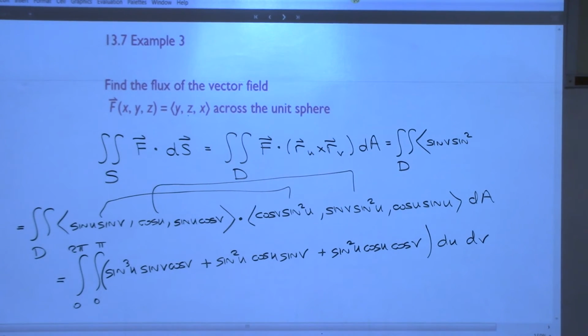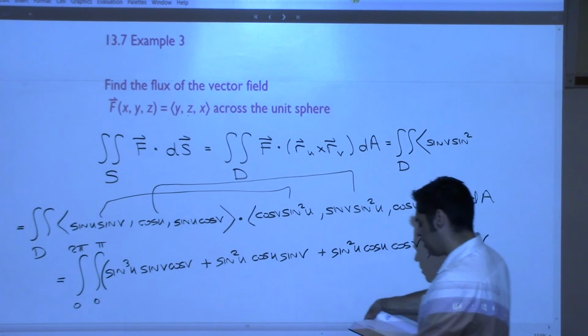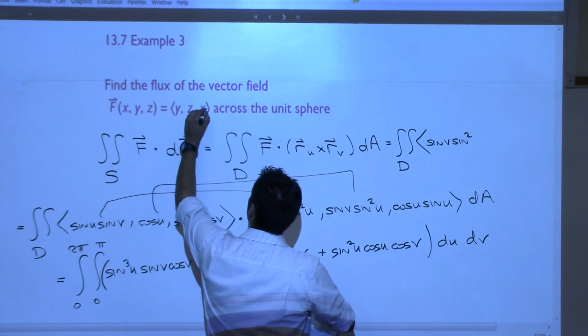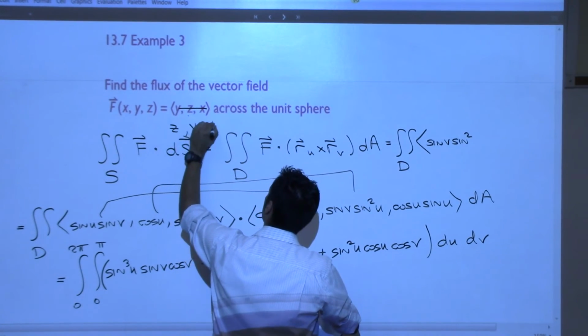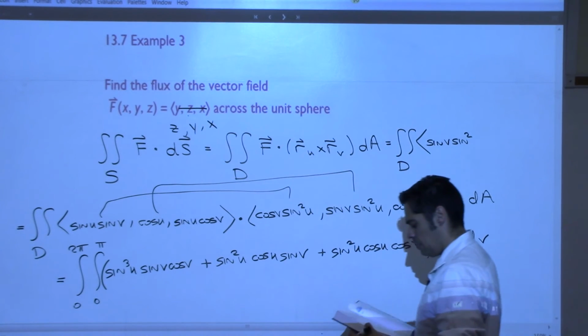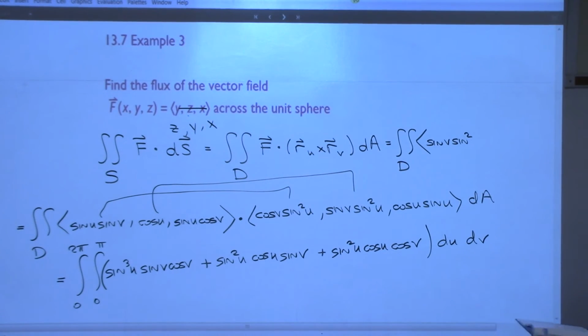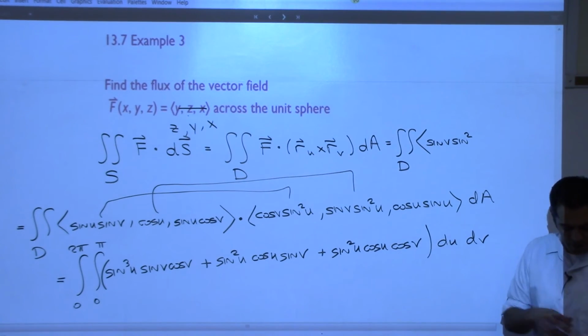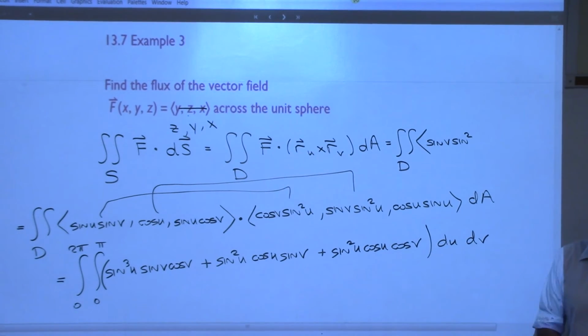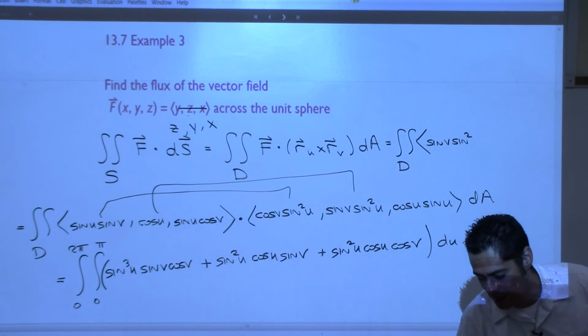The book, example 4 in the book, they work out a problem very similar to this, but they use the vector field z, y, x instead. And they get it to this point also. And once they get it here, they don't show much work either, but they show you what the answer is.